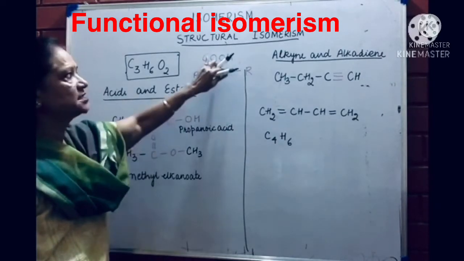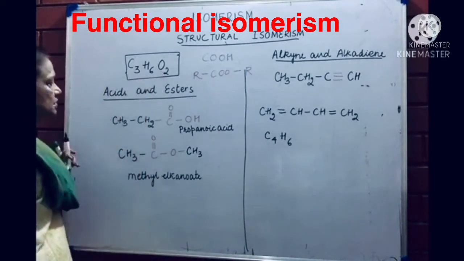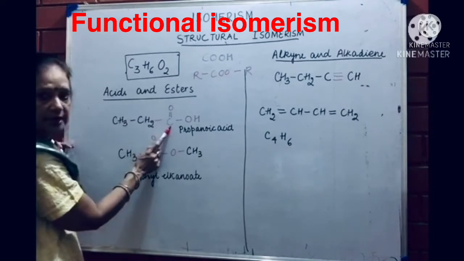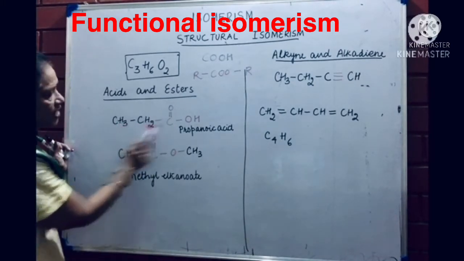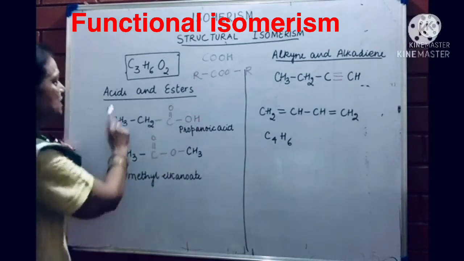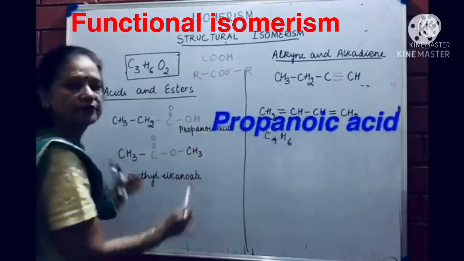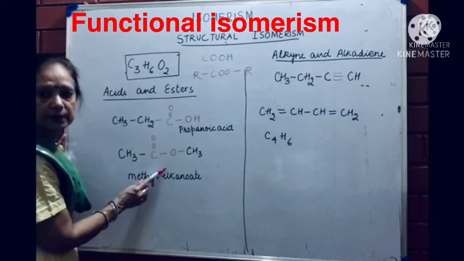These are esters, this is an acid. Since there are 2 oxygen atoms here and 3 carbon atoms, I have made 1, 2, 3 carbon atoms with 6 hydrogen atoms. So this formula is fitting into propanoic acid. So if I have been able to make propanoic acid, definitely the other will be an ester.